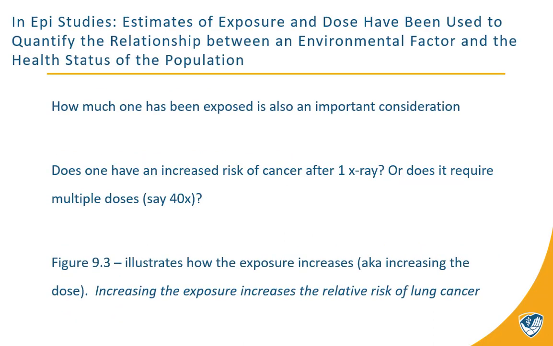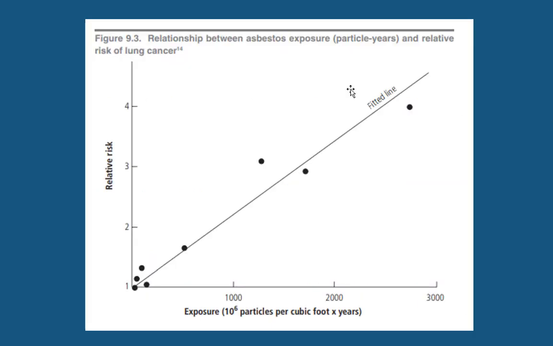So, for example, does one have an increased risk of cancer after only one X-ray? Or does it require multiple doses? Figure 9.3 illustrates how the exposure increases. Increasing the exposure increases the relative risk of lung cancer in this case. Here's a relationship between asbestos exposure in particle years and the relative risk of cancer.